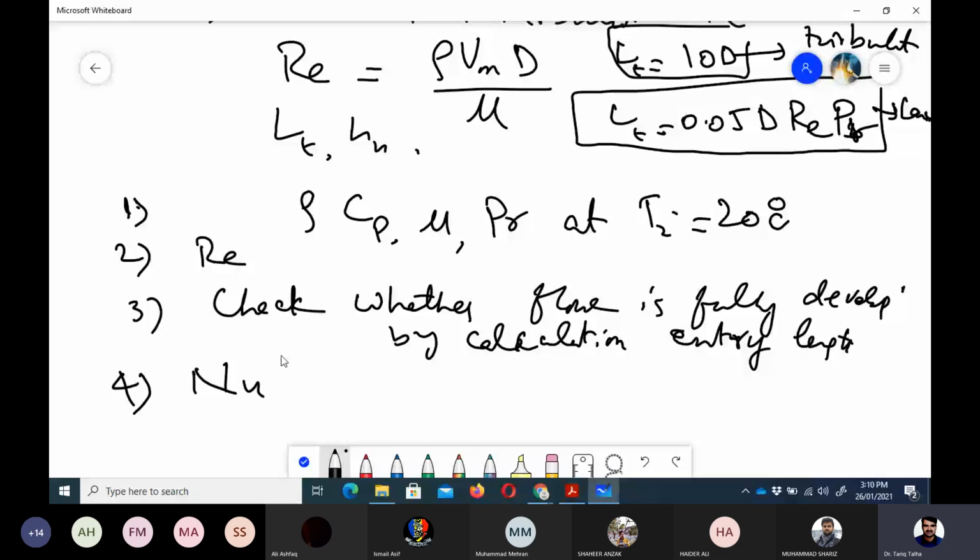If it is a laminar flow, then it would be a constant value for fully developed flow. If it is a flow in the entrance region, then we can choose the correlation accordingly.